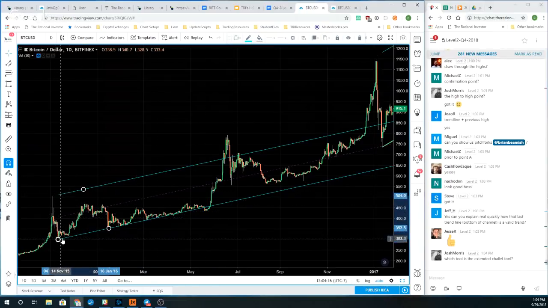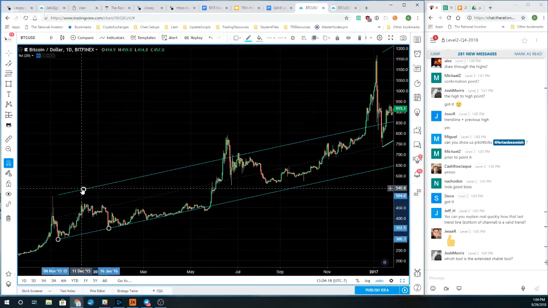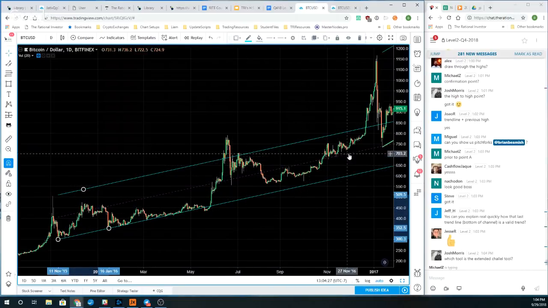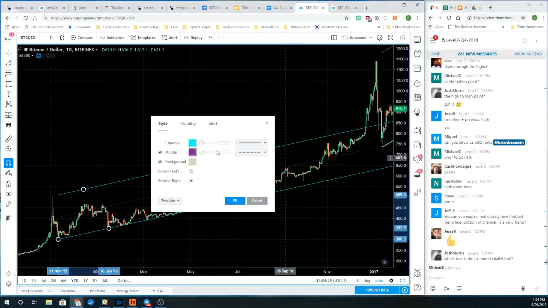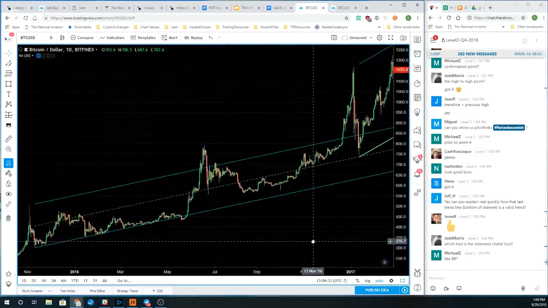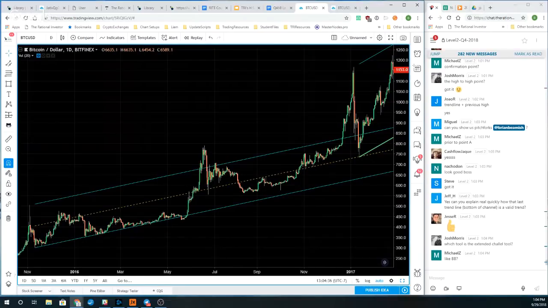Can you see? I drew the trend line. I projected it off of the previous peak there. And now with the midpoint on, can you see how the market oscillates off the midpoint? Can you see that? Change that to like yellow.